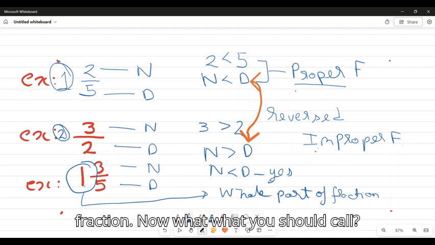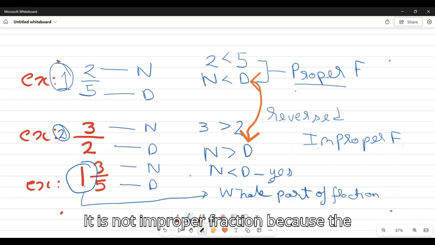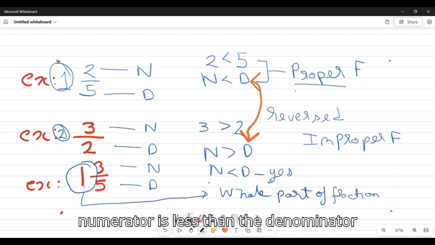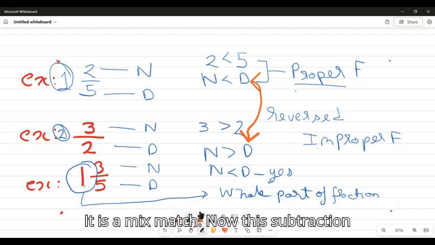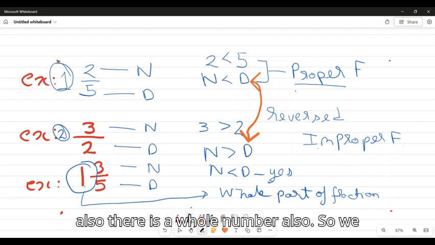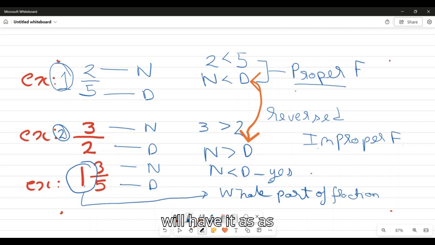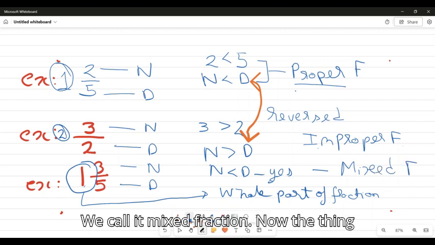This is called improper fraction. Now what you should call, it's not an improper fraction because the numerator is less than denominator, but we have a whole part. So it's mixed. There's a fraction also, there's a whole number also. So we will have it as mixed fraction. We call it mixed fraction.